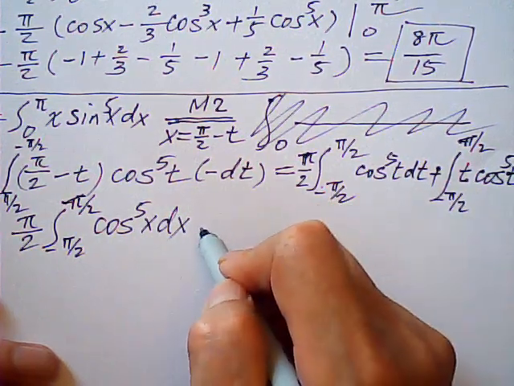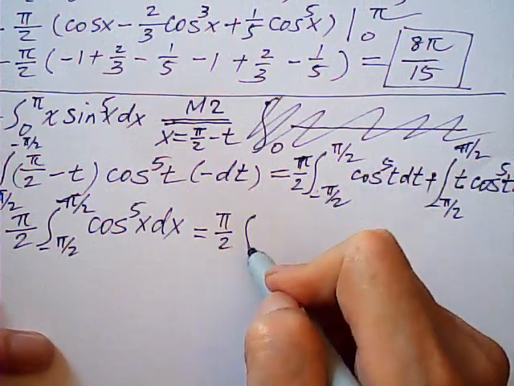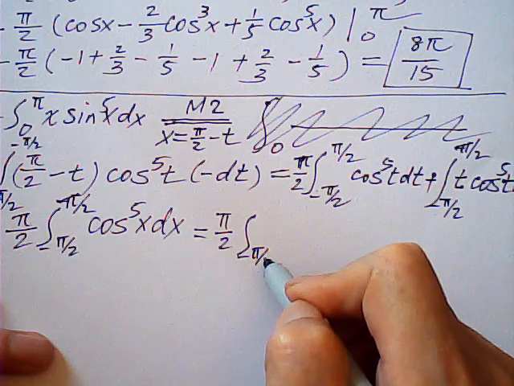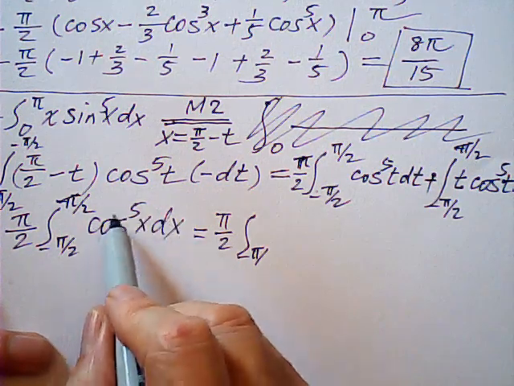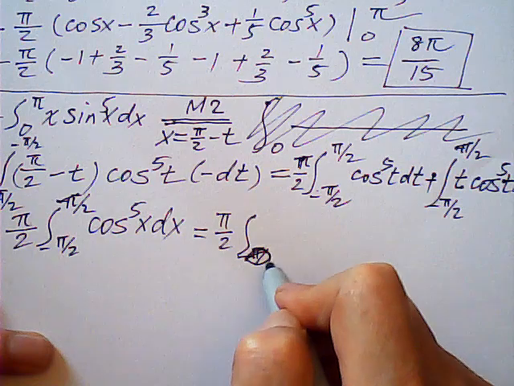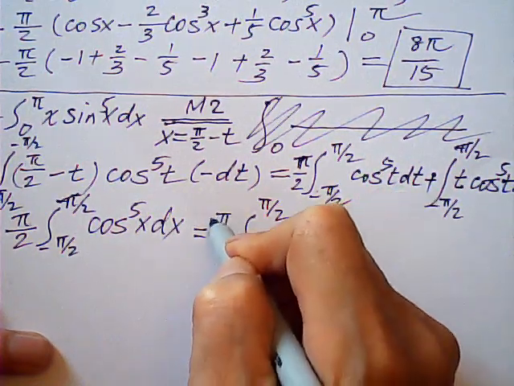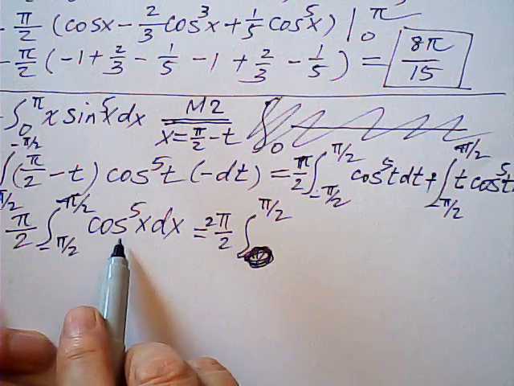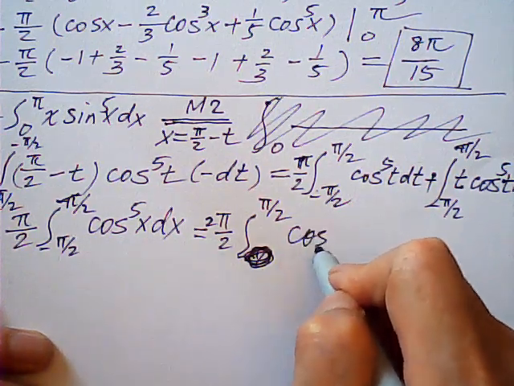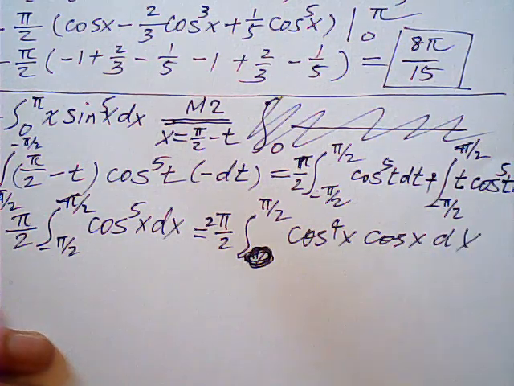Yeah, this is a half pi from minus, no, this is an even function. So I can change this one to from 0 to half pi times 2, right? Times 2. And cosine fifth, I can write cosine fourth x and cosine x dx.